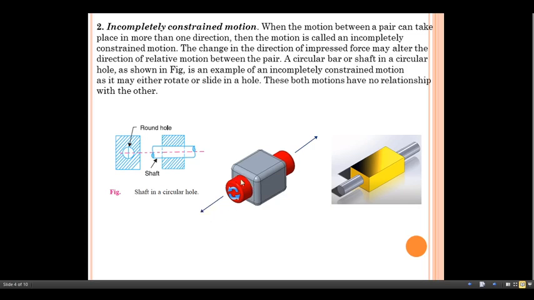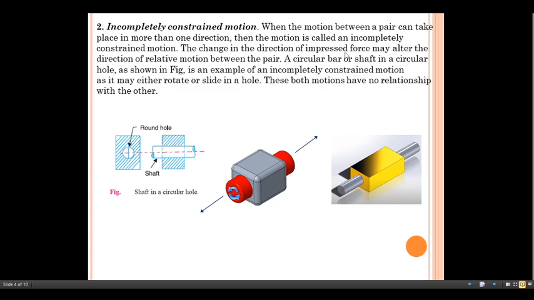If I apply a certain force towards this direction, automatically the movement of this shaft takes place towards the right direction. And if I apply the force from the left side or from the back side, then the movement of this shaft takes place towards the forward direction.